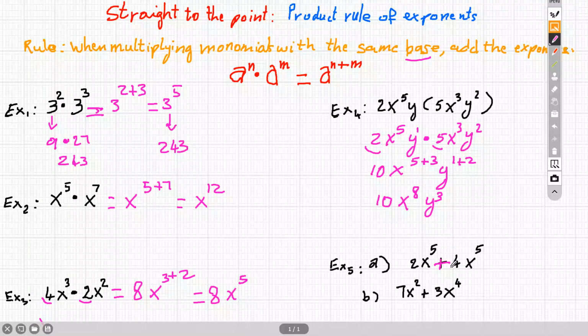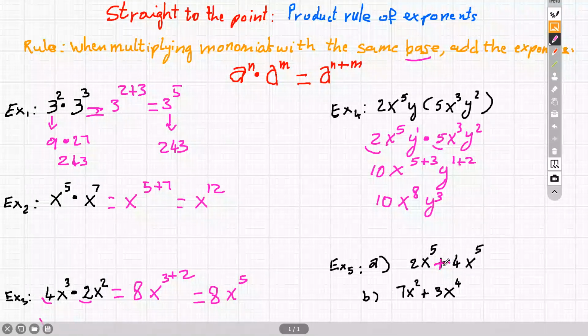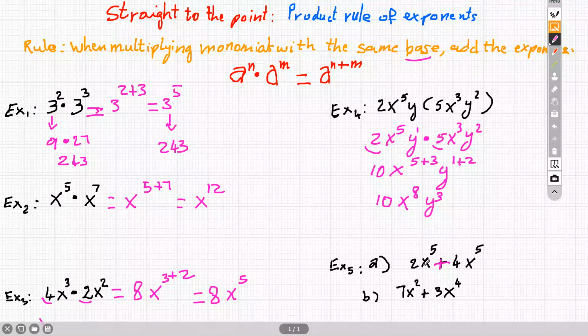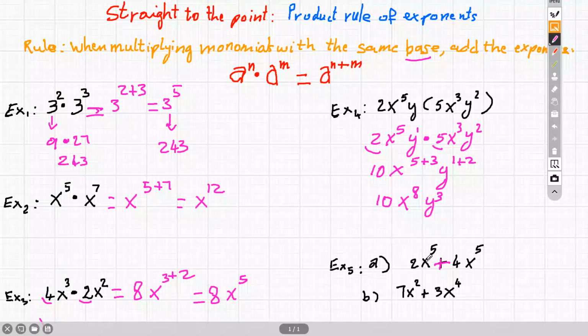Now, this one right here, 2x to the 5th power plus 4x to the 5th power, we can simplify. These are like terms. We have 2 of something plus 4 of that same thing.